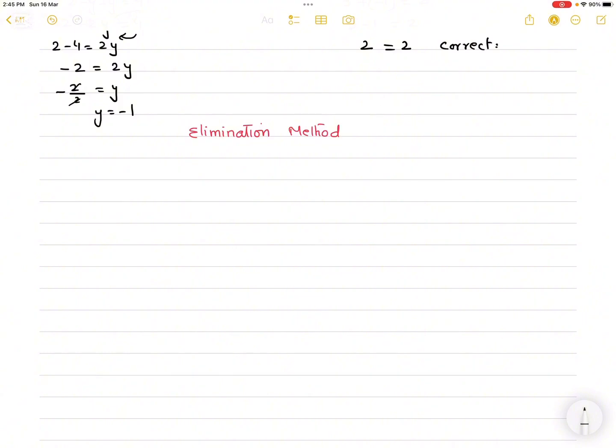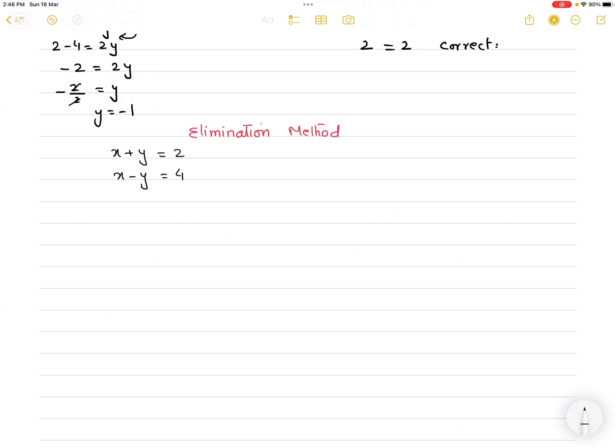Suppose I am given two equations, x plus y is equal to 2 and x minus y is equal to 4. So again with very simple two equations, we have to notice, because we are going to learn elimination method, so we have to eliminate either variable x or y.